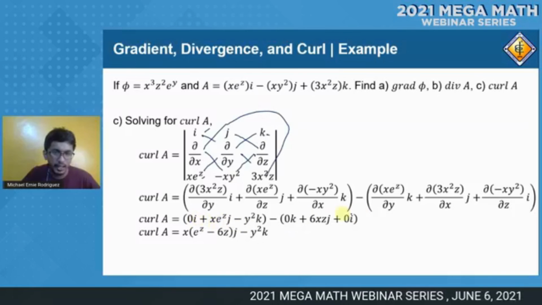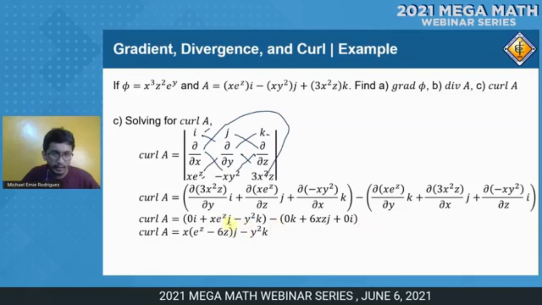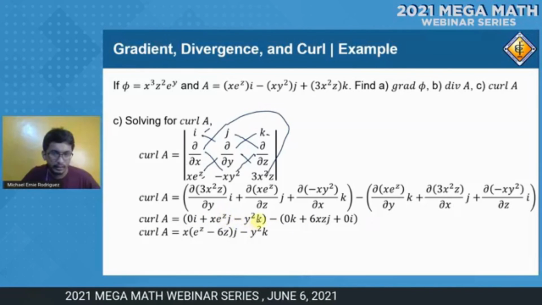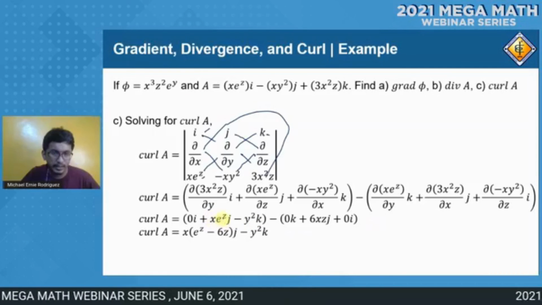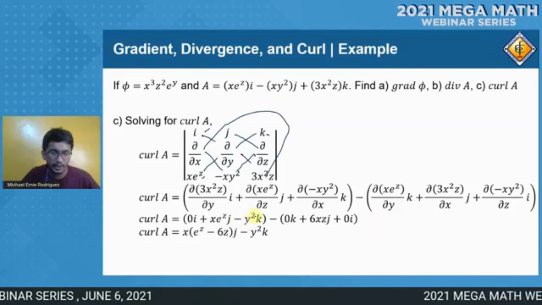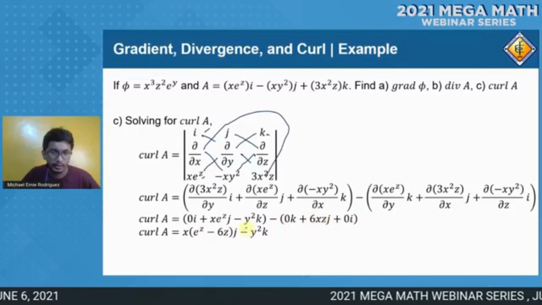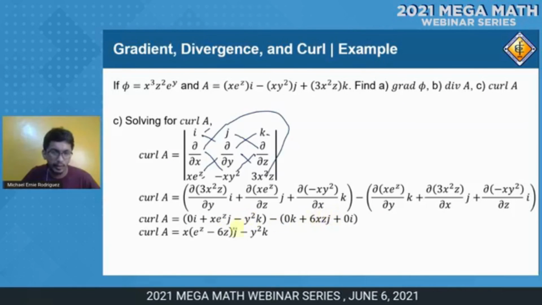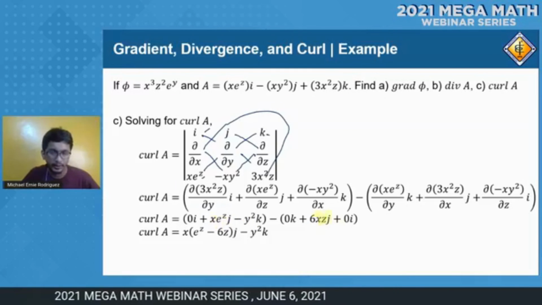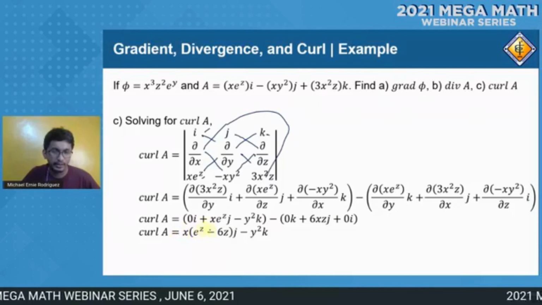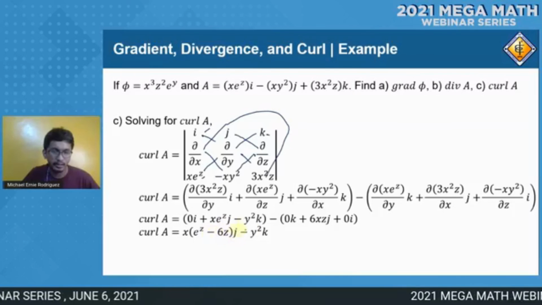So we have 0i, and then, ayan, plus x e raised to z j plus y squared k. Ayun. So, simplify natin. Common yung x and j dito sa dalawang ito. So, you have x e raised to z minus 6z times j minus y squared k.